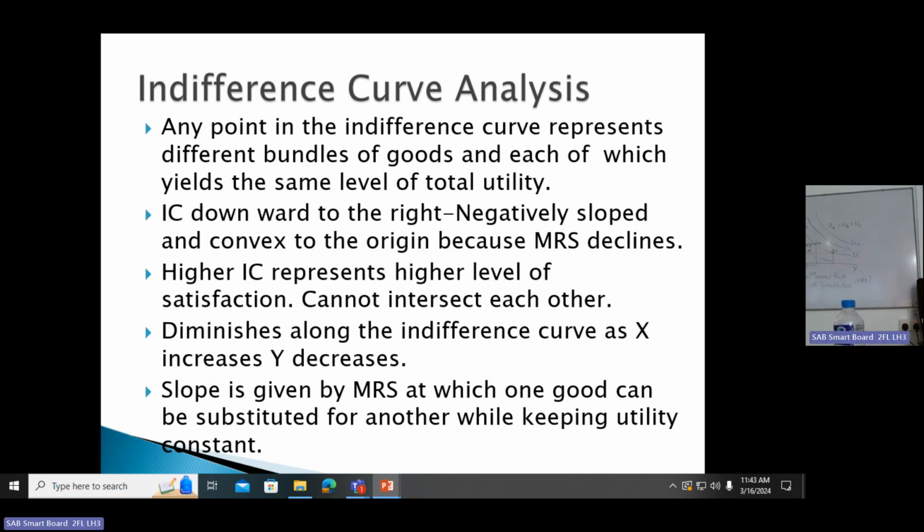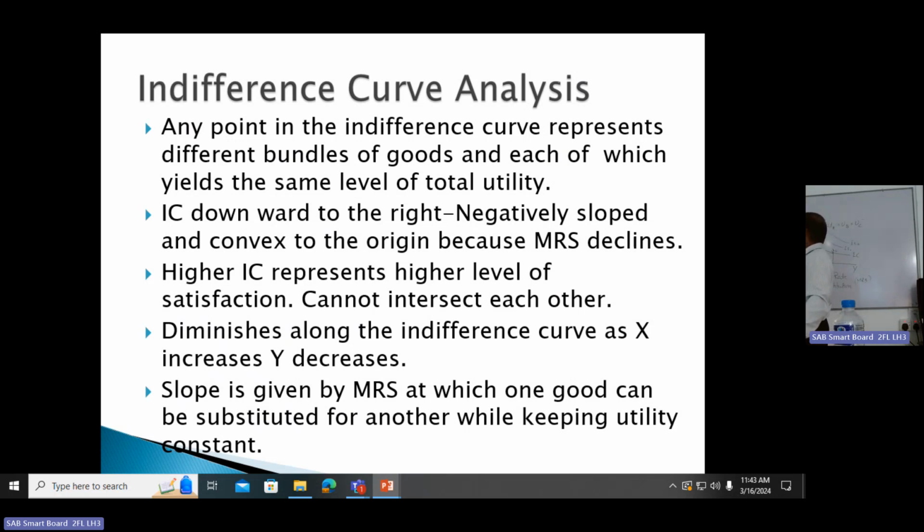UB gives a higher level of satisfaction because it's above IC1, on IC2, which is a higher level. So these are two contradictory things. Therefore, there cannot be common points in the indifference curve. That means it cannot intersect.